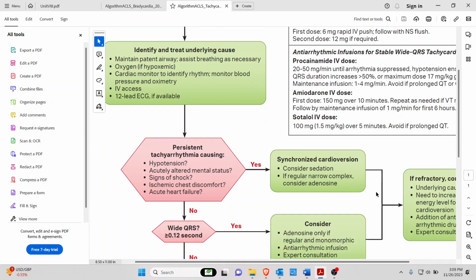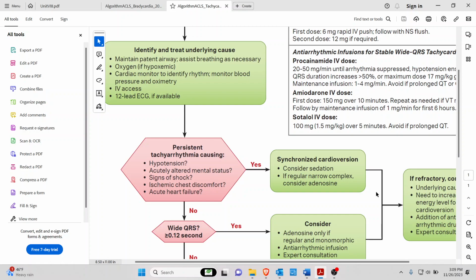Synchronized cardioversion is similar to defibrillation. As a matter of fact, if you want to look at the technical terminology for each of those, synchronized cardioversion is where you hit a button on your defibrillator monitor, and it picks out each underlying complex so that it can deliver joules that you preset directly onto one of those complexes to provide an electrical reset of the heart.